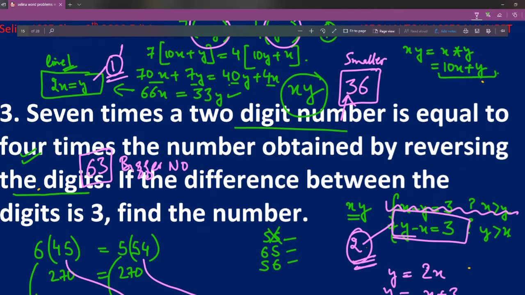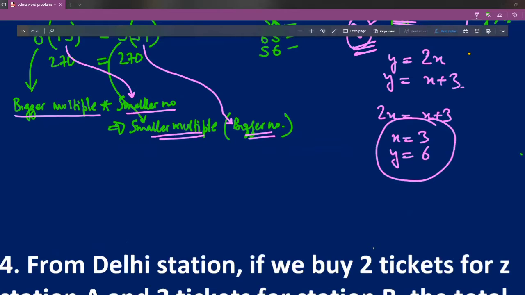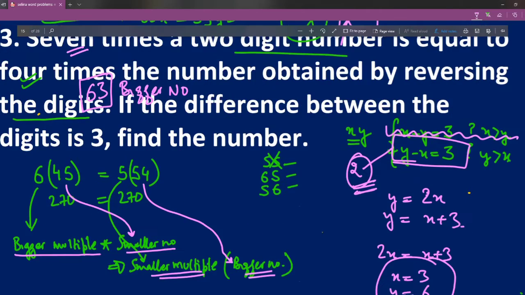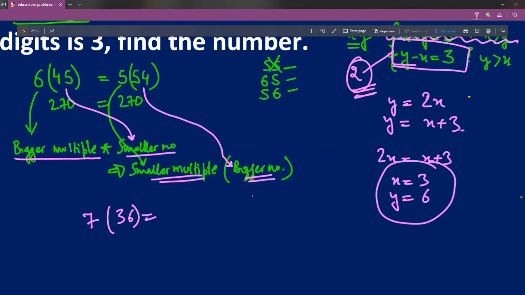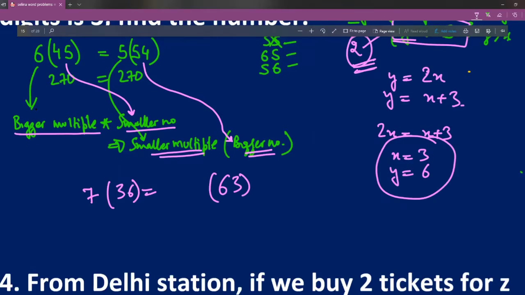The smaller number 36 requires the bigger multiple 7, and the bigger number 63 will require the smaller multiple 4.